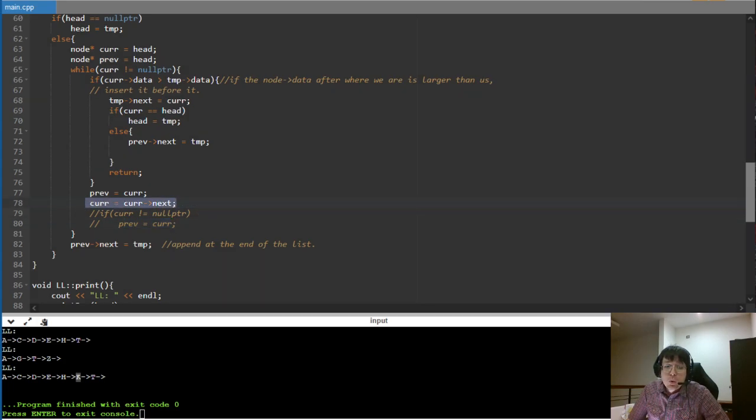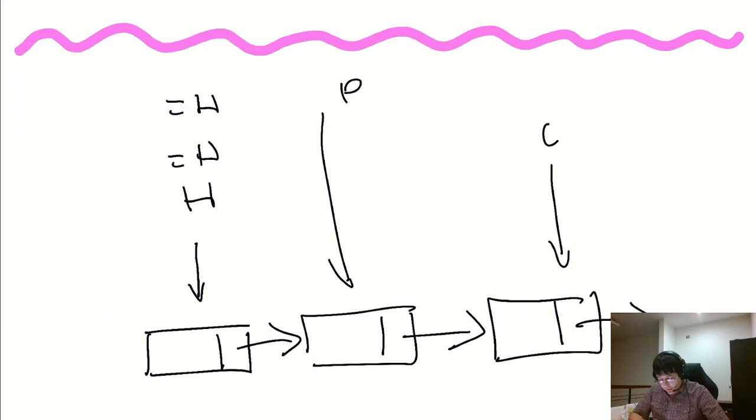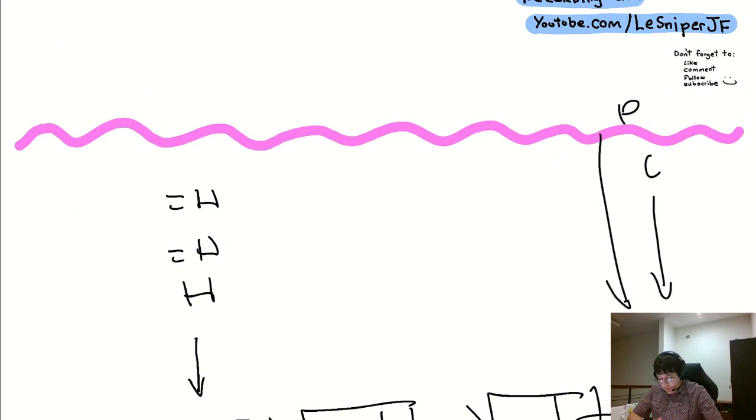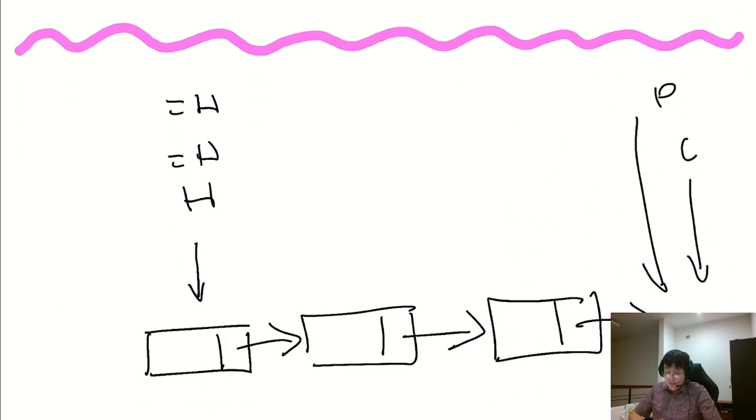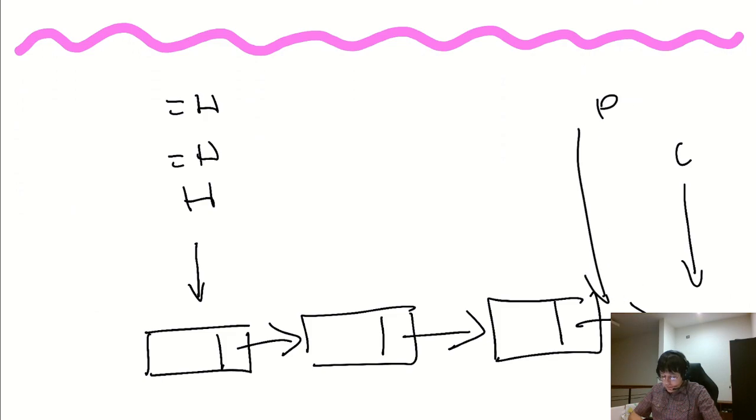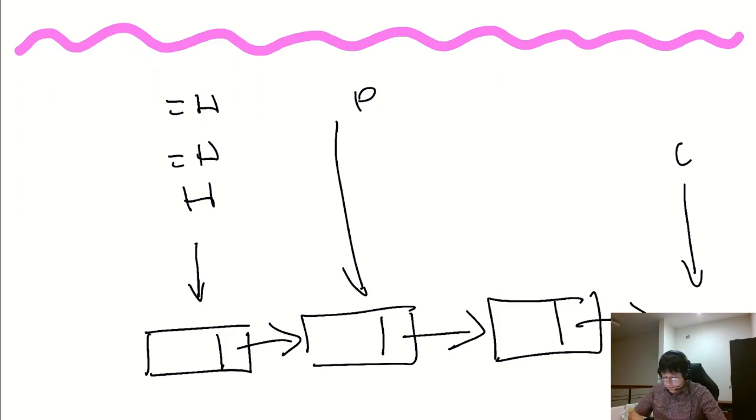So what that was causing was skipping by 2. So current and previous were basically pointing to the same thing all the time. They were basically paired together. So you were going like this. So at the end they were both either null or, because we had that if statement, like here. It was a mess.